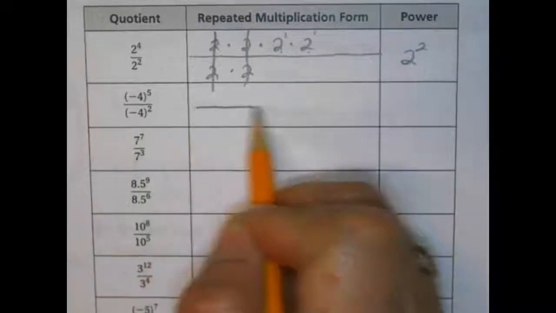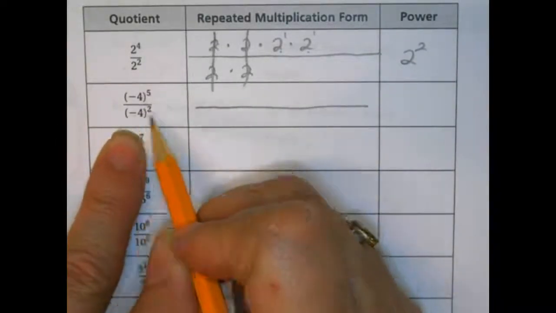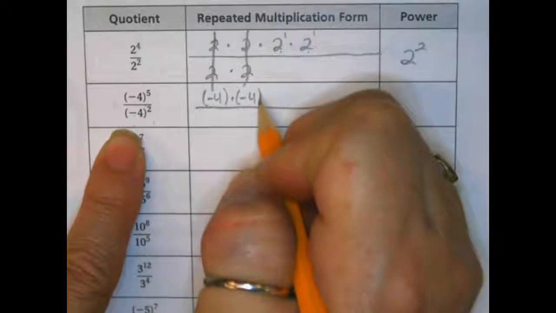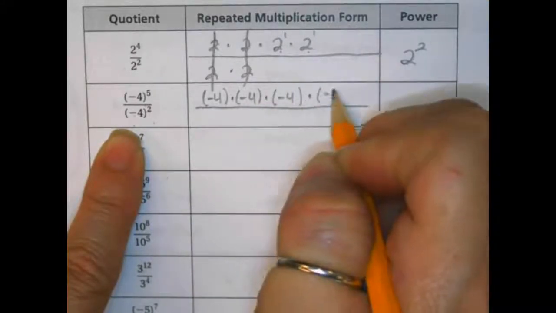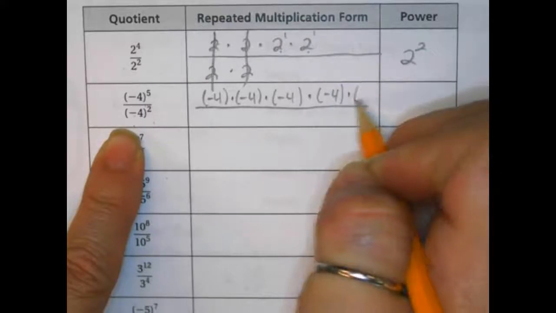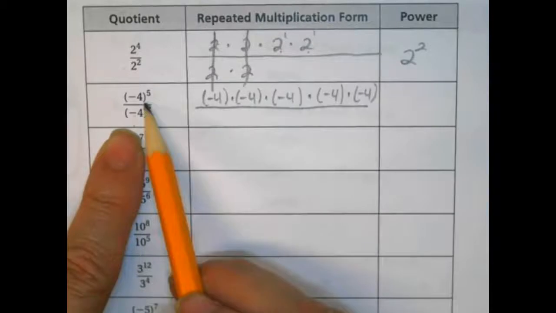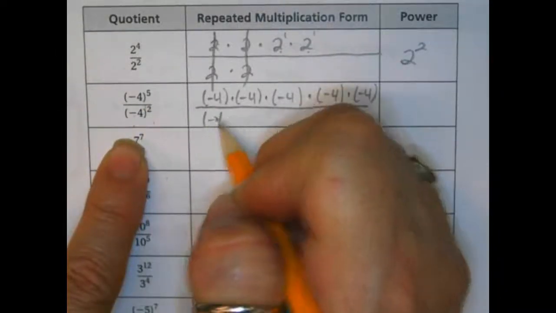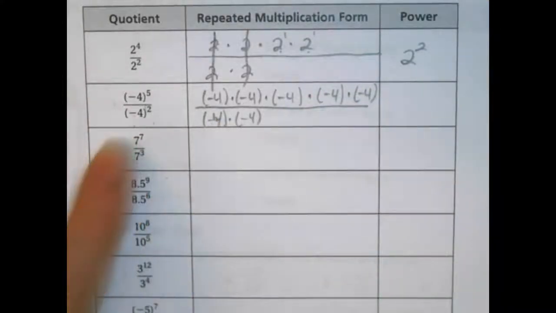We're going to do another one, just like we did here. I have negative 4 to the 5th over negative 4 to the 2nd. So I'm going to write negative 4 times negative 4 times negative 4 times negative 4 times negative 4. That's 5 negative 4's, right? And on the bottom, I'm going to write 2 of them: negative 4 times negative 4.